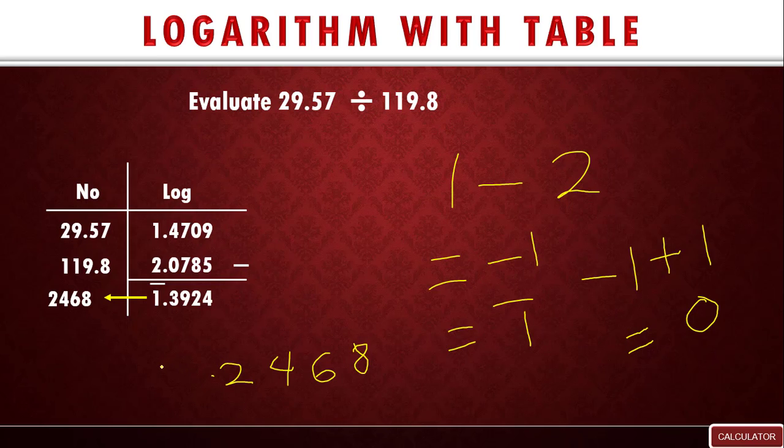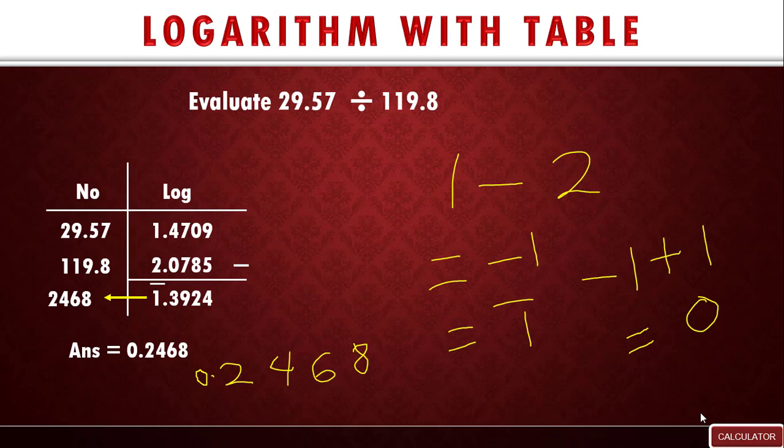If it is bar 2, we continue to count to the left-hand side. But if this place gives us a positive characteristic, we will count to our right-hand side. For the sake of this lesson, our decimal will be here and we put 0 here, so we have 0.2468. Our final answer is 0.2468.